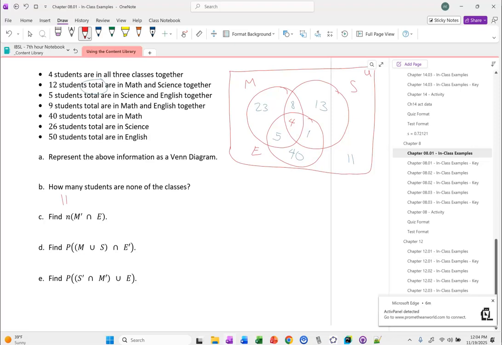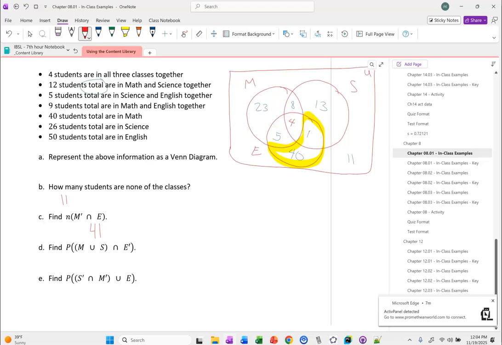So 40 plus 1. So you're looking at English and taking out math, right? That's kind of the easier way to think about it, if it's an intersection.